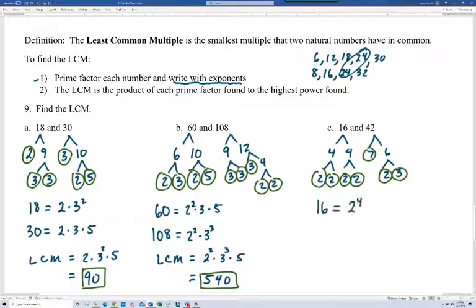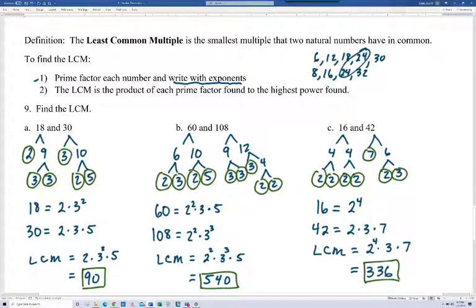So 16 is 2 to the 4th, and 42 is 2 times 3 times 7. So our LCM is going to include all 3 of those factors, and we want to use the highest power found. Well, there's only one that has a higher power, and that would be the 2. We're going to use 2 to the 4th. So if you multiply 2 to the 4th times 3 times 7, you should get 336.